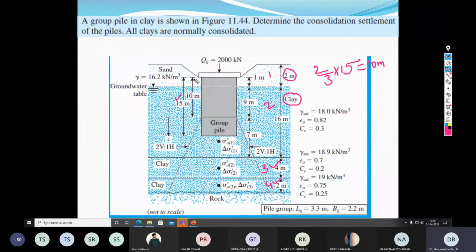As you can see here, the equivalent footing is located at a depth of 10 meter below the pile cap, and from there onward you need to draw the load distribution profile, assuming the load is getting dispersed in a 2 vertical to 1 horizontal manner.